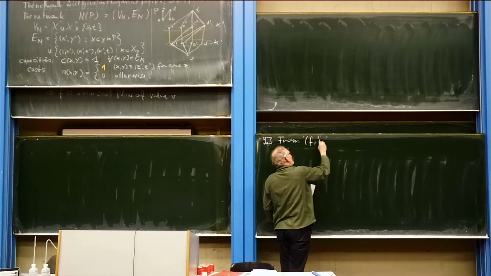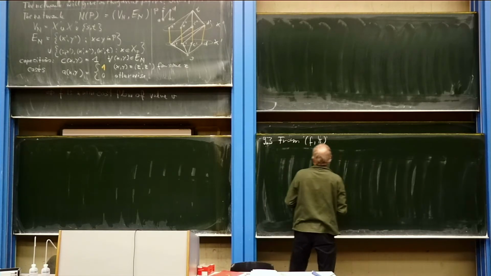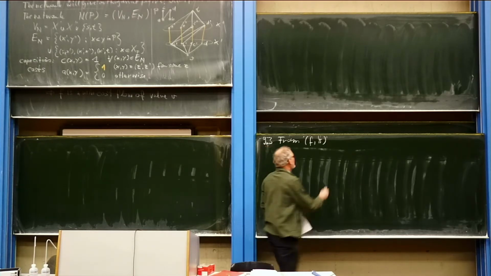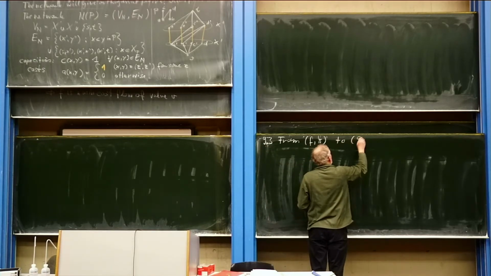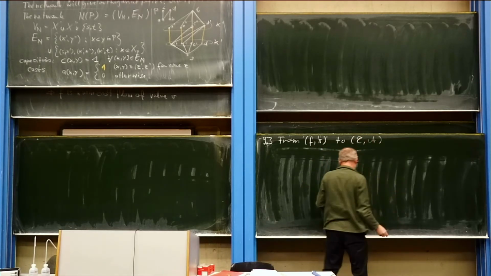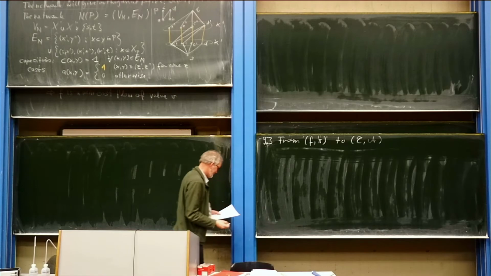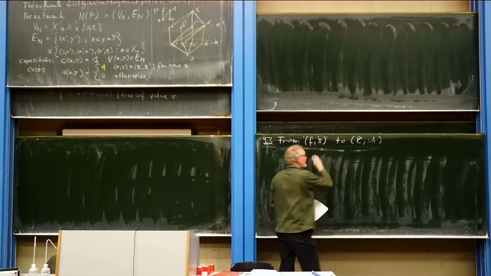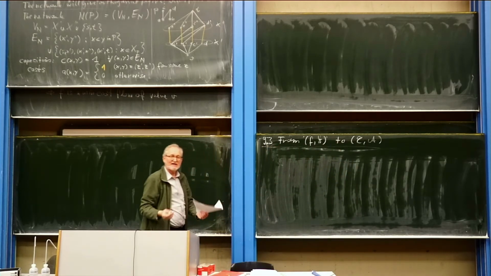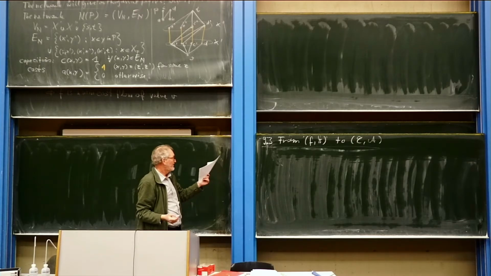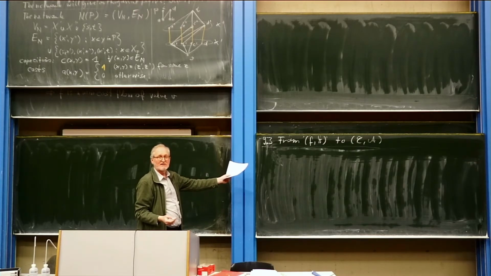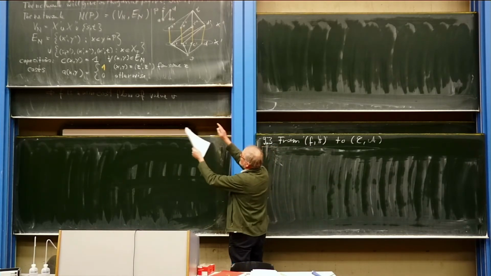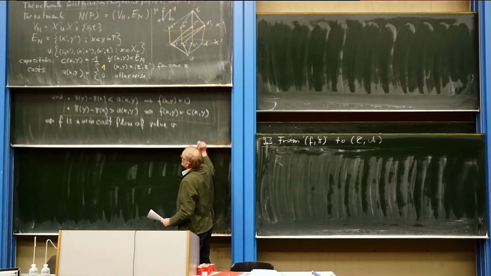So what we do now, we go from the pair F pi, flow and potential, to a pair C A. And of course we assume that this pair is a pair that we arrive at in the execution of the algorithm. So from what we already saw, this is a minimum cost flow, and this is the corresponding potential, so that the optimality criteria are satisfied.